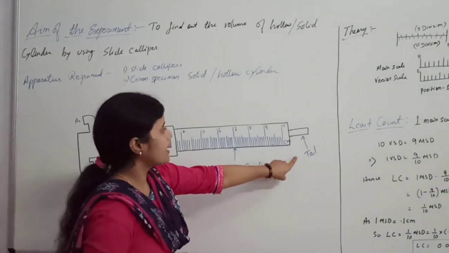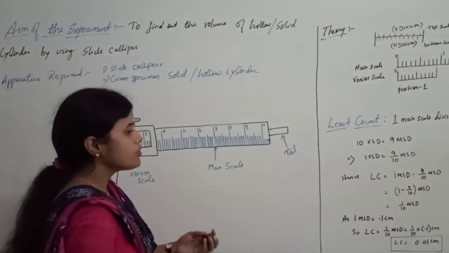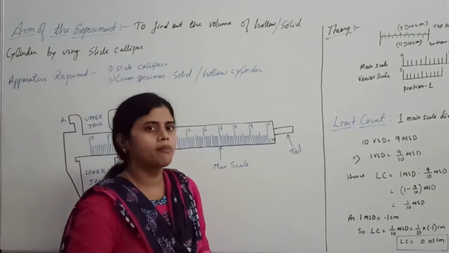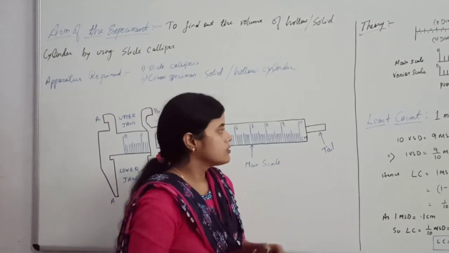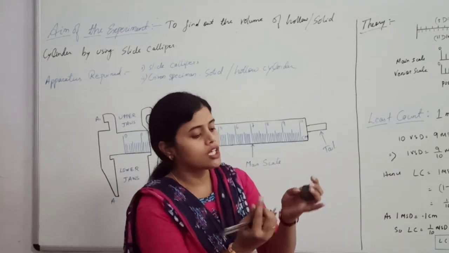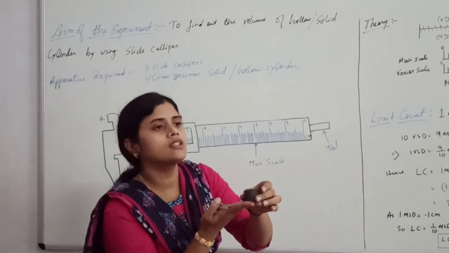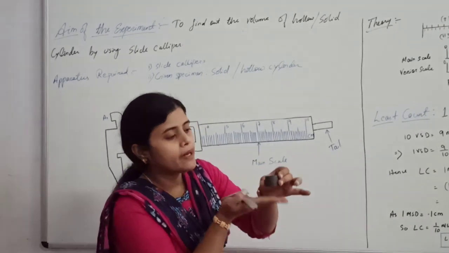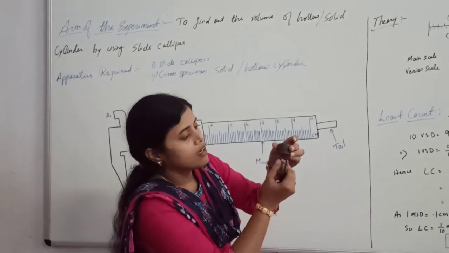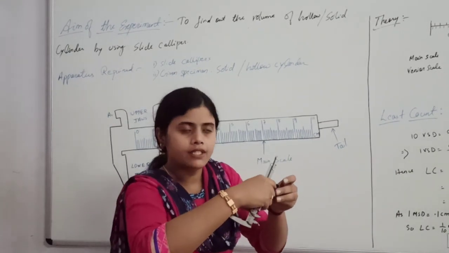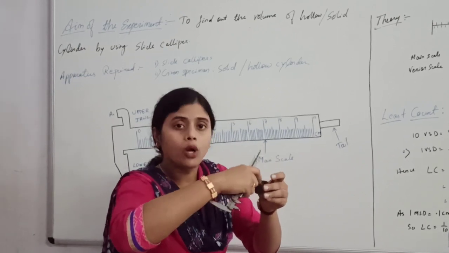And why do we use this tail? Let me tell you. Suppose you imagine a metal glass in which the bottom is closed. If the base of a particular glass is closed, then we need to find the height or depth of that glass.